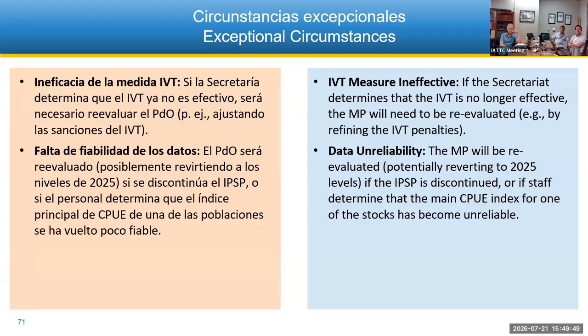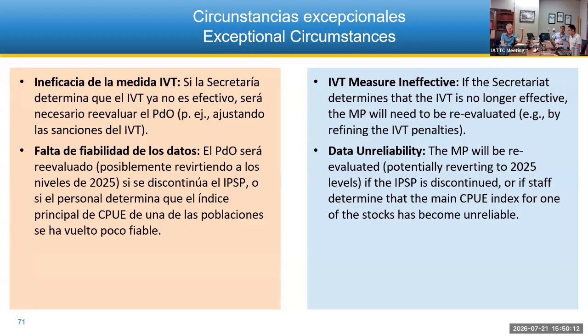So that might be a reason for reevaluating everything, which might actually mean reverting back to the management measures in 2025 before we reduce them based on the success of the IVT.